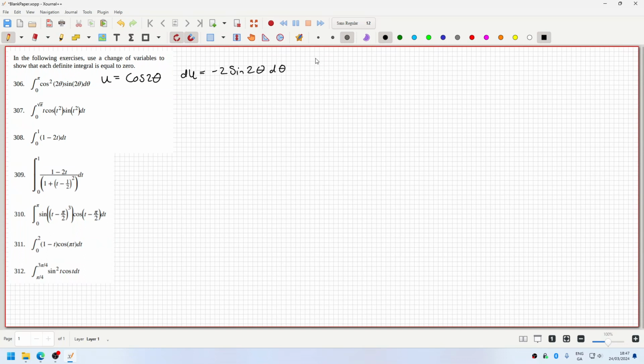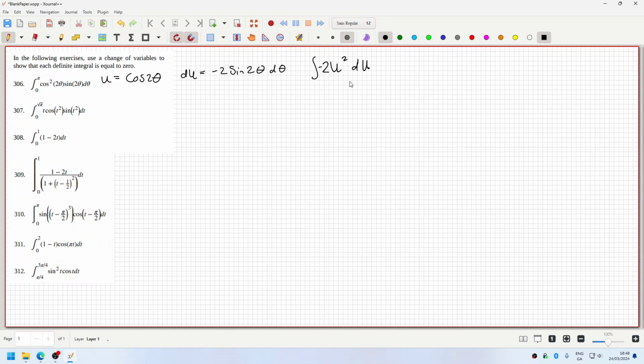So then the integration becomes 0 to pi. Well, that's with the u value, the theta value, so I'll just leave that for a moment. u squared minus 2 du.